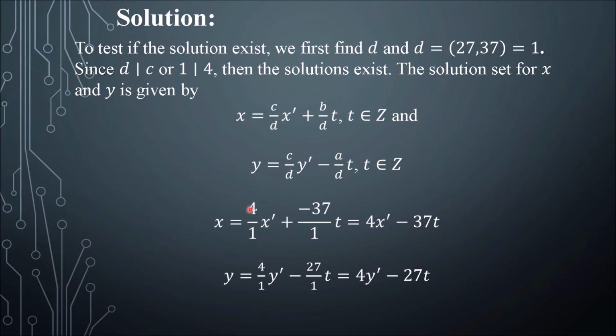Since c is equal to 4, we have x equals 4 over 1 x prime plus negative 37 over 1 t. The simplified form of that is 4x prime minus 37t. Now y is equal to 4 over 1 y prime minus 27 over 1 t. The simplified form of that is 4y prime minus 27t.